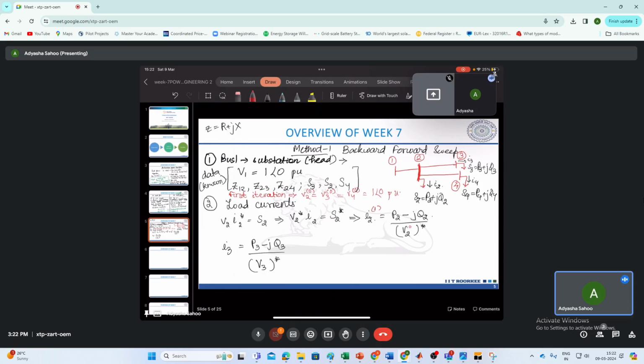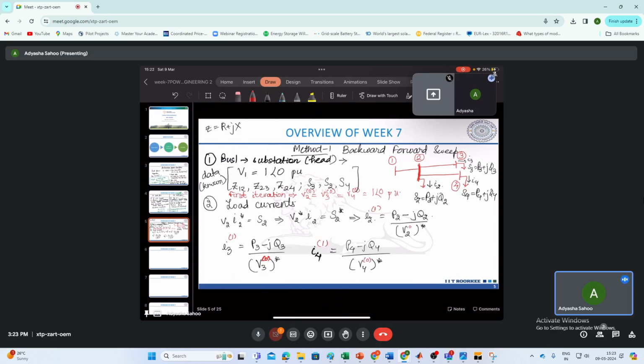This is first iteration, and for first iteration you will take the value of V3 at 0th iteration. Similarly for I4 in first iteration I will take it as P4 minus JQ4 divided by V4 in the 0th iteration, or the initial, which we take as 1 angle 0, right?